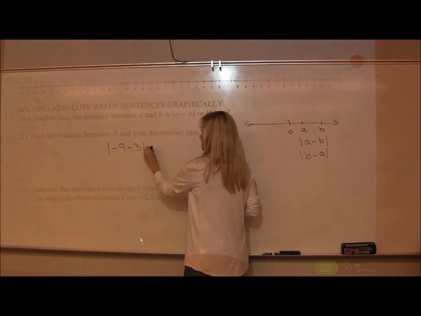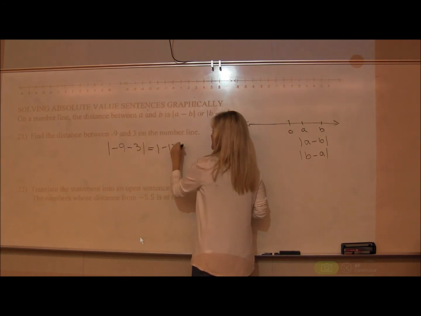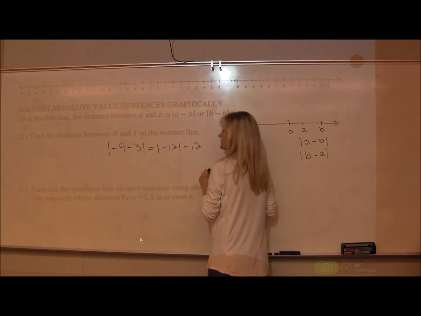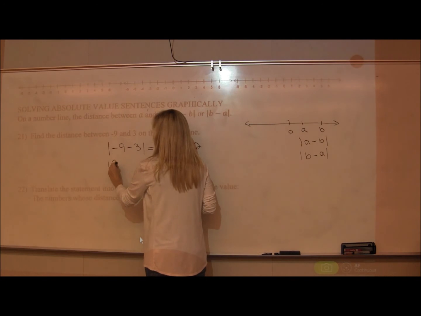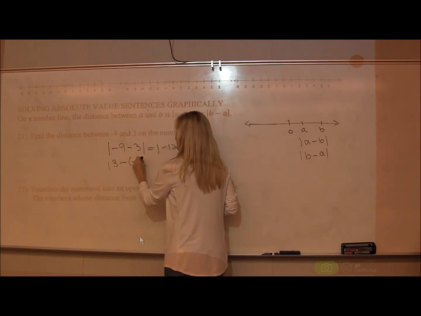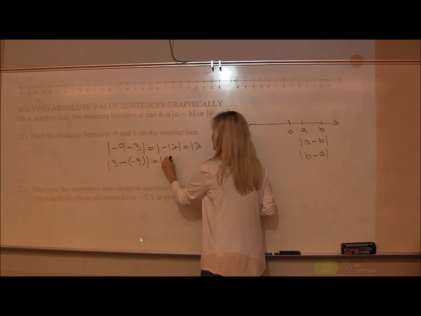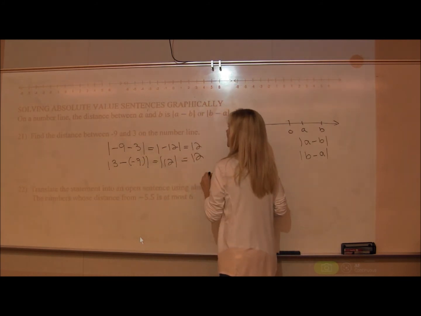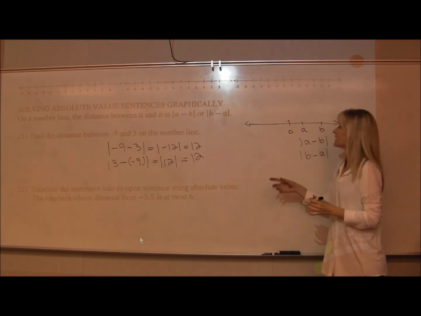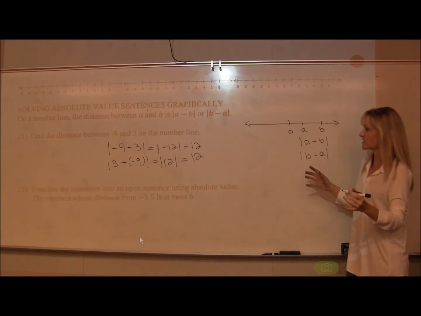That's -12. So the absolute value is 12. Okay? What if I did the absolute value of 3 minus -9? That's 3 plus 9. That's 12. Okay, so it doesn't matter which is first, but that gives you the distance on the number line.